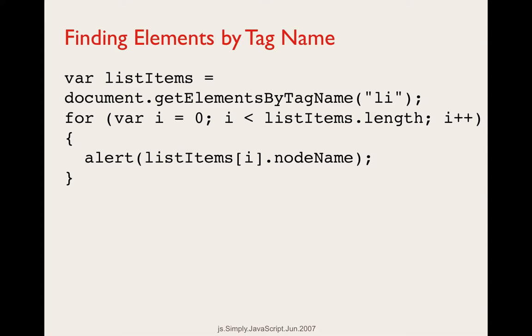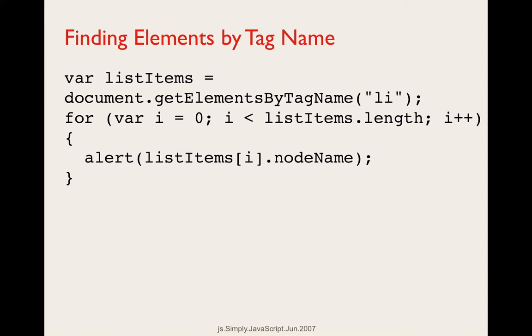If we wanted to step through them all and do something to them, and this can come in very handy, it's very commonly done, where you want to go through and step through a bunch of elements and do something to them. So we would use a for loop starting with 0 and using the length of listItems, because it returns an array, a list of nodes, and we're going to increment it by 1 in the parameter for the for loop.